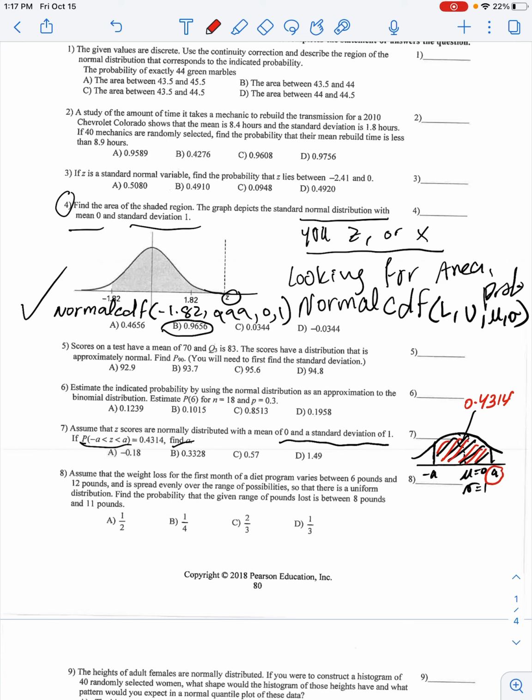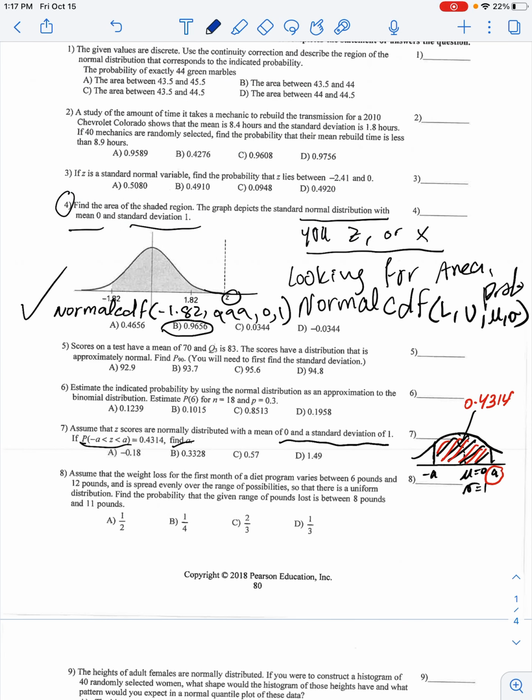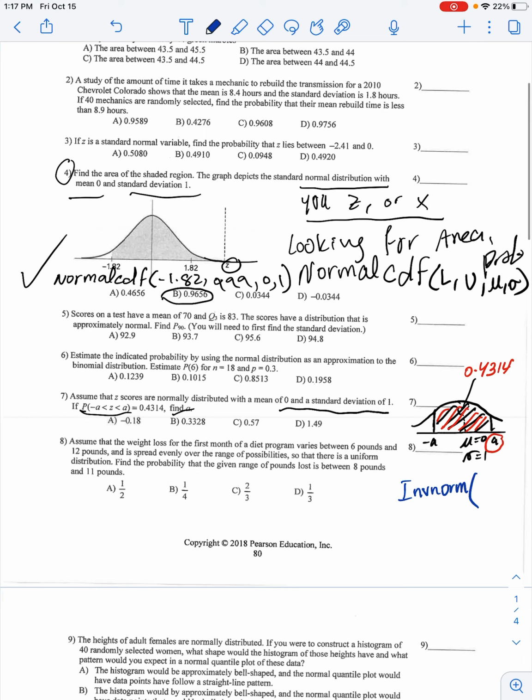So in order to find A, this is what you can do. You should say, I have the probability and I'm looking for A. So I need to use inverse norm. In the inverse norm, if you watch the videos under chapter 6 modules on Canvas, for the inverse norm, we go with the area of the lower side, comma, mu, comma, sigma.